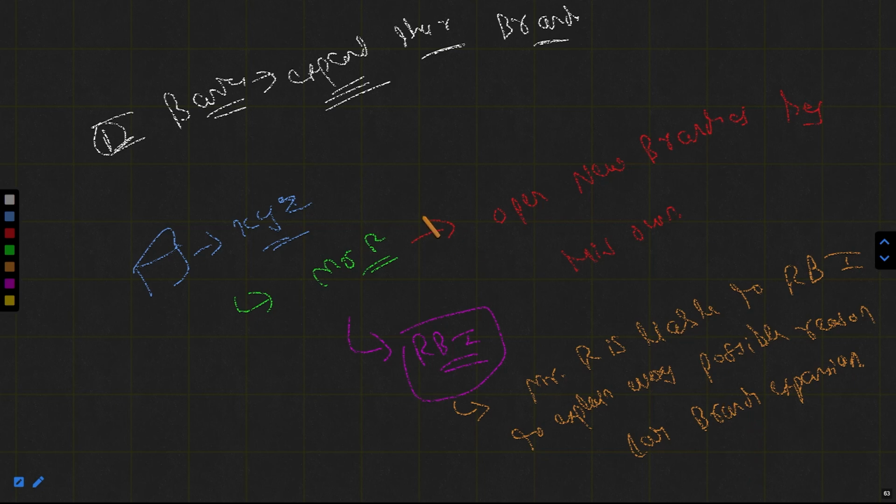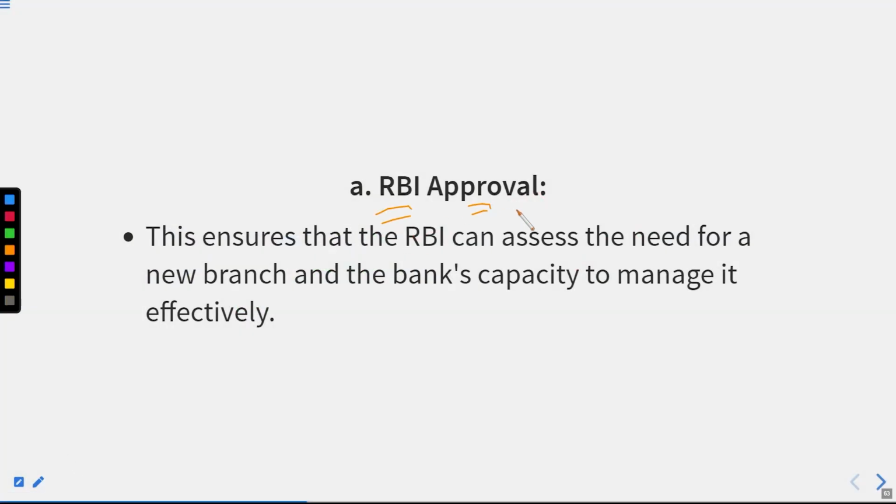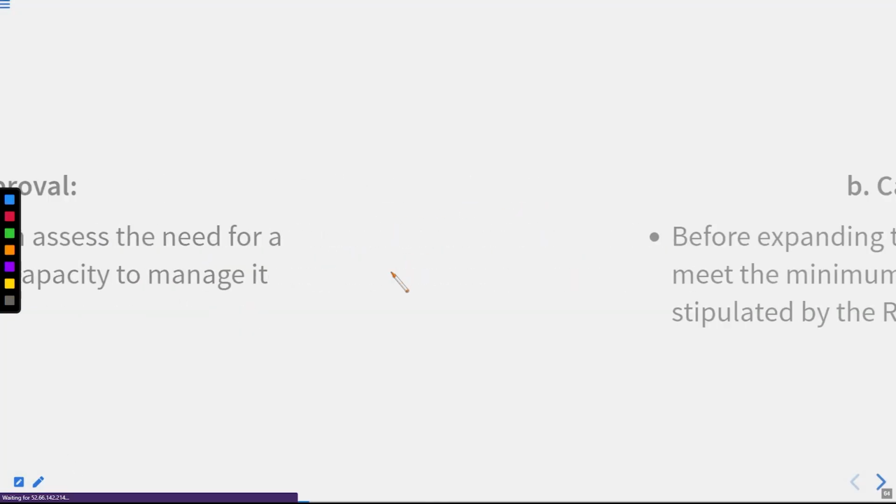Why does Mr. R now want to expand his branch? He is required to explain it to the RBI. Then the approval will be granted. Before it, there is no chance that he could directly expand the branch. Okay, so remember, first point, RBI approval is a must.